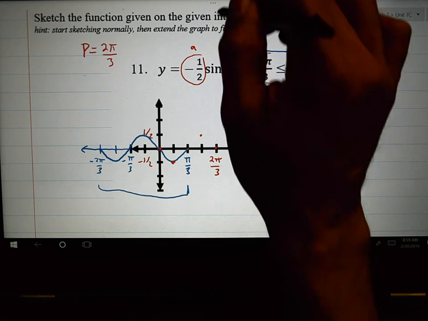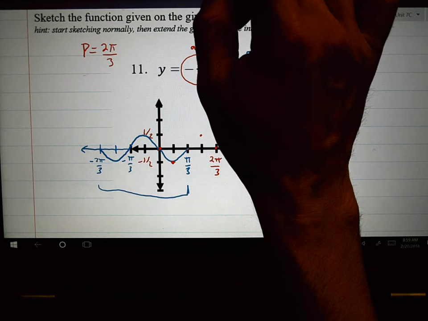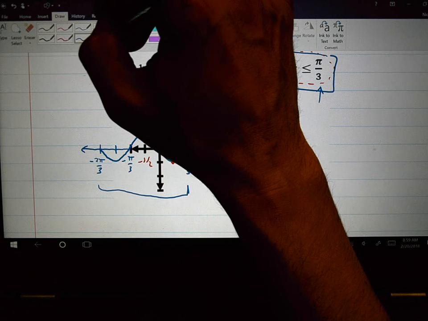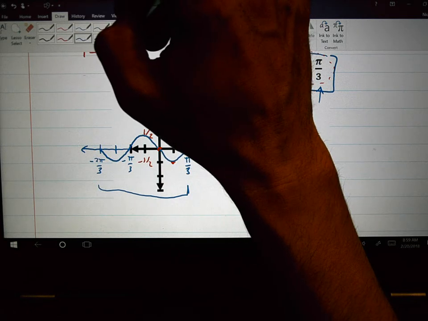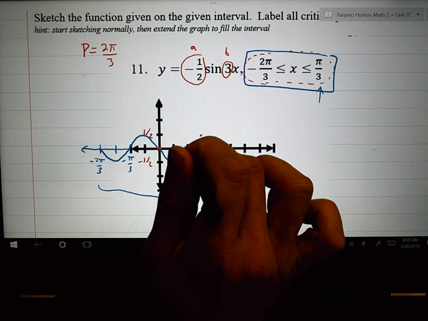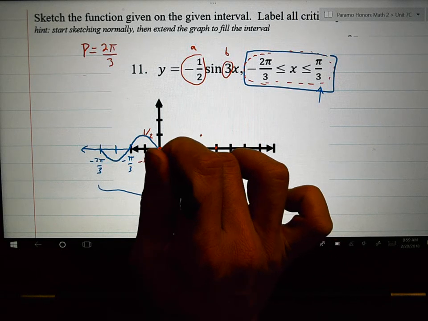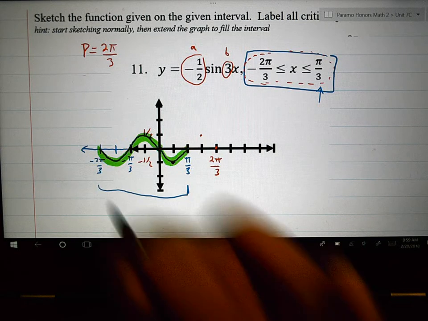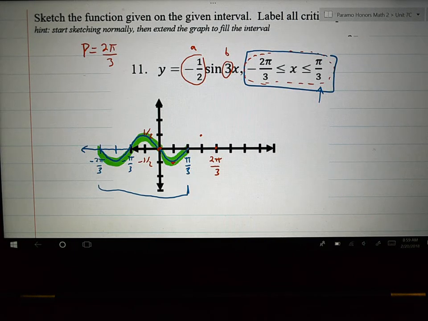Actually, I'm going to change that color to green just so you can see what my final answer needs to be. I'm going to do green highlighter because then it'll be thicker. That green part is my final answer.